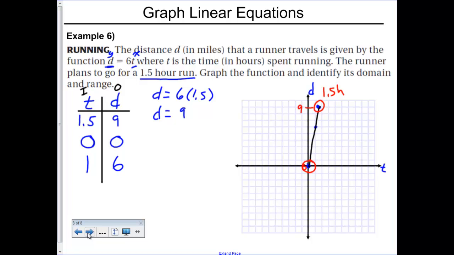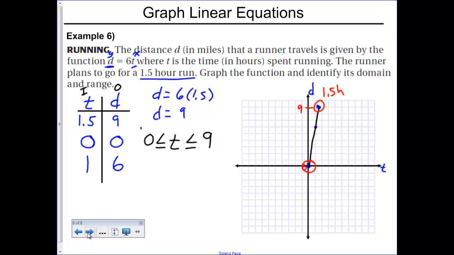So they want us to graph the function and identify the domain and range. Okay, so the domain is our t values. So we can either put a t or we can put a d for domain. Well, we know that the time value is greater than or equal to 0 hours, and at the same time less than or equal to a maximum of 9.